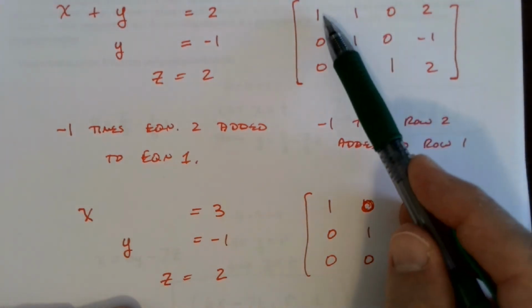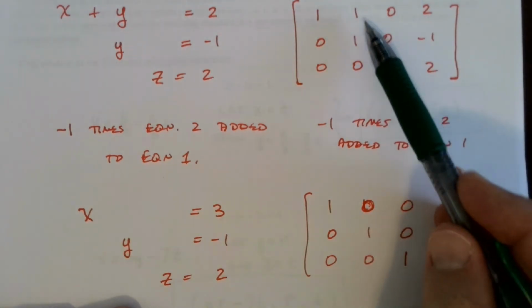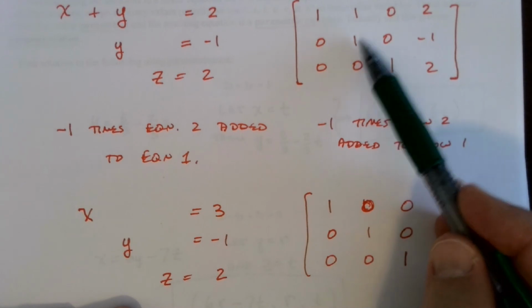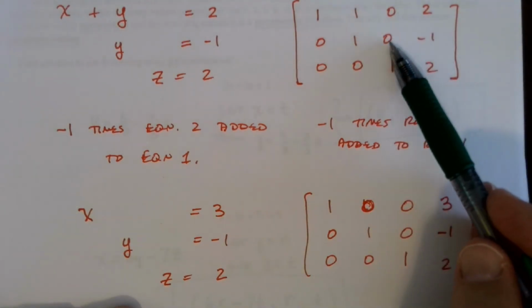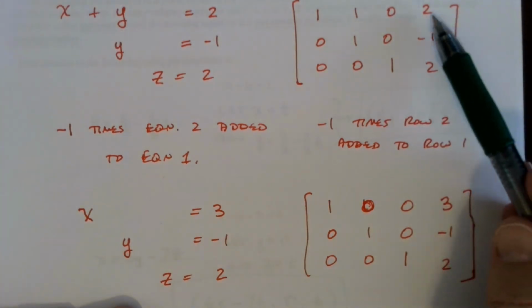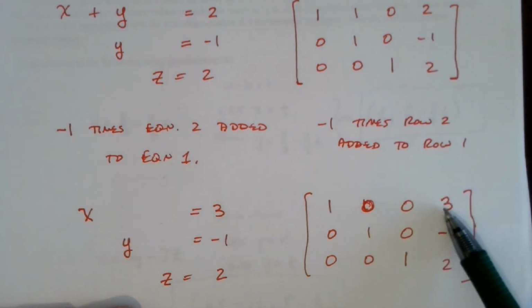So I've got 1 plus -1 times 0 is still 1. 1 plus -1 times 1 is 0. 0 plus -1 times 0 is still 0. And 2 plus -1 times -1 is 2 plus 1, which is 3. And that's how that's working.